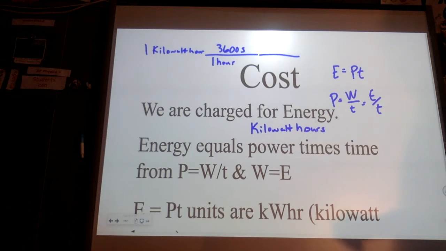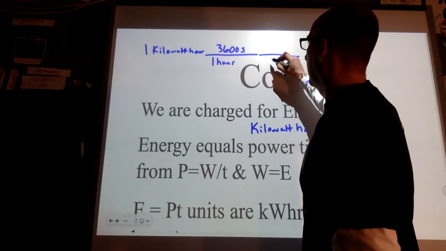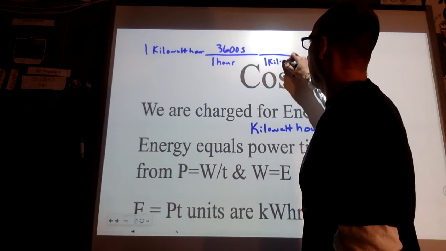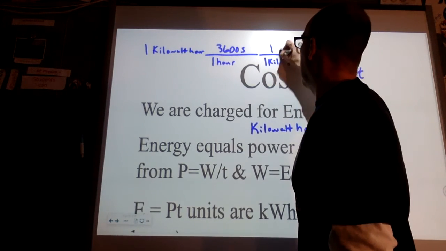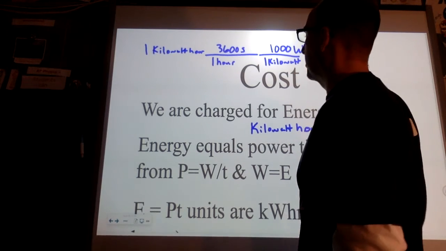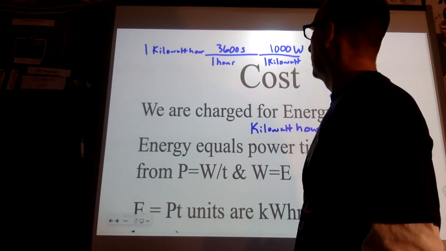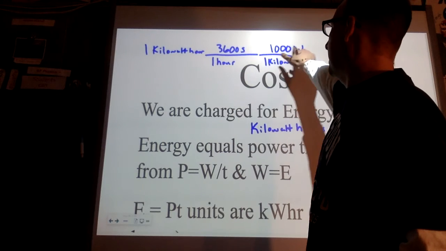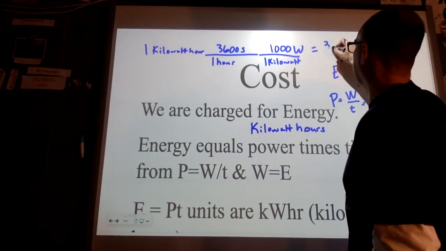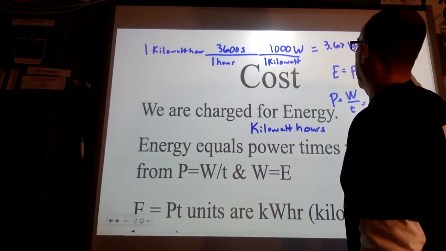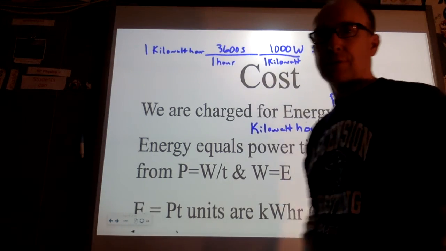And then 1 kilowatt is 1,000 watts. So 3,600 seconds times 1,000 watts gives us 3.6 times 10 to the 6 joules.